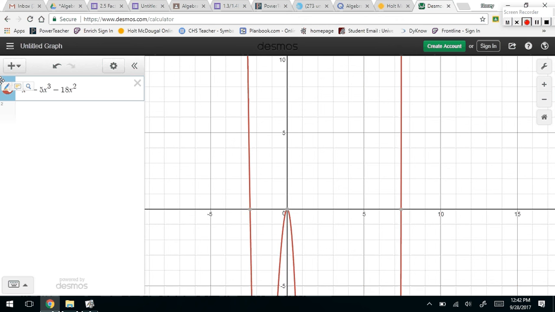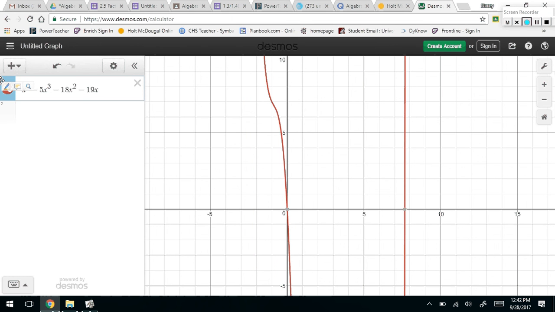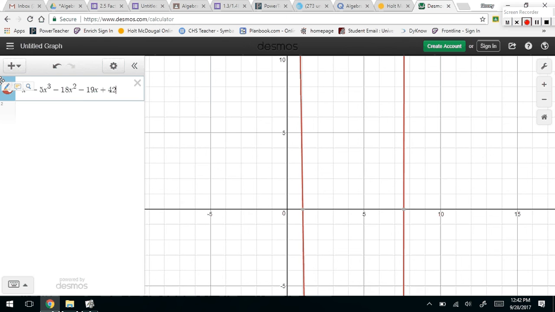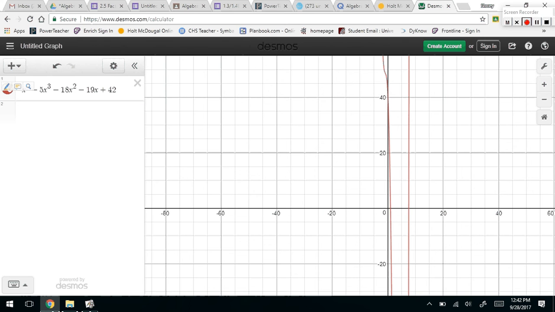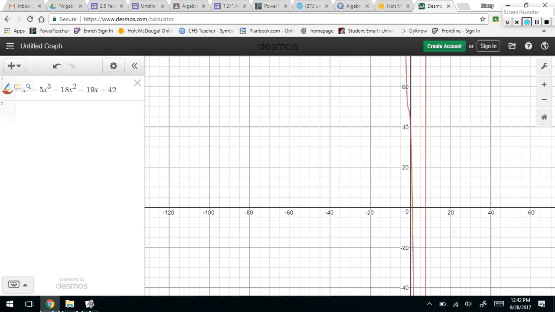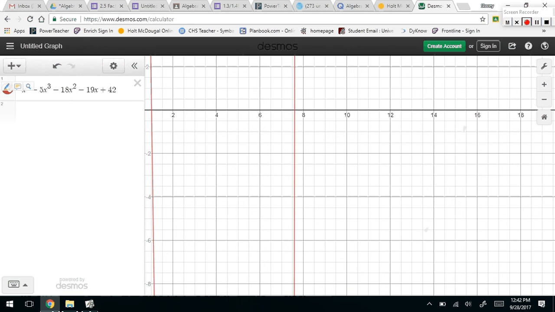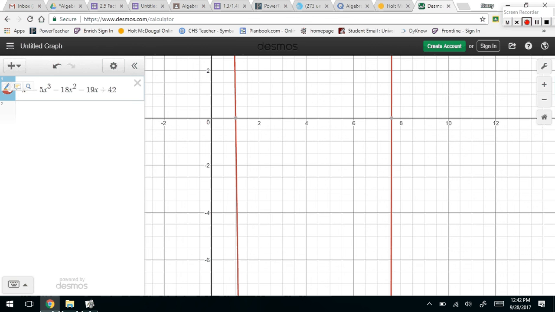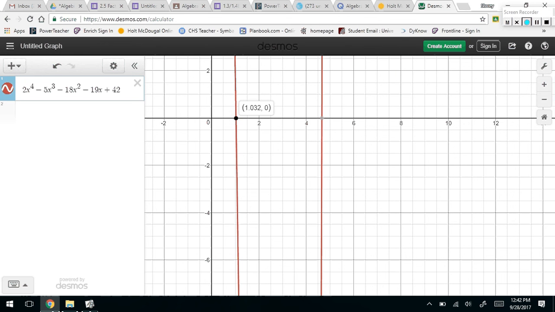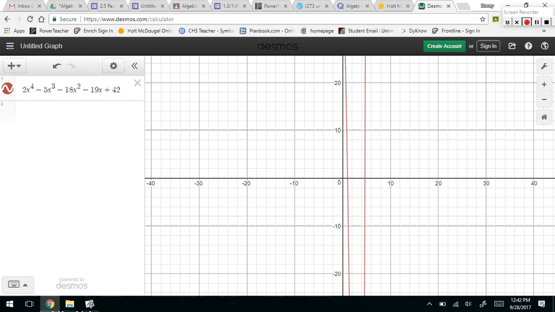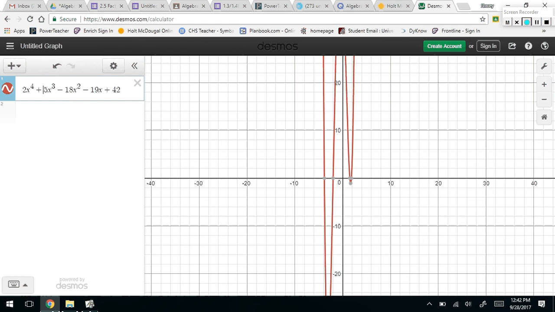Sophia typed this equation into her calculator. Try like 1/2, really tiny ones. Did I type that equation? Oh, it's 2. Never mind. 2x to the 4th. Oh, it's plus. Oh my goodness. Get it together, Stacy.